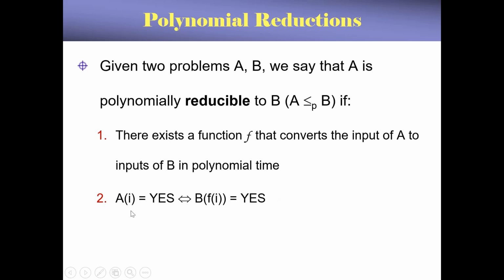In other words, if we take any input of A and transform it using our polynomial function to an input of B, we shall get yes in A only if we get yes in B. So if we get no, this one will also give no. Essentially, it's the same as the definition of reduction that we saw earlier. The only addition here is that the conversion from input of A to input of B is done in polynomial time.